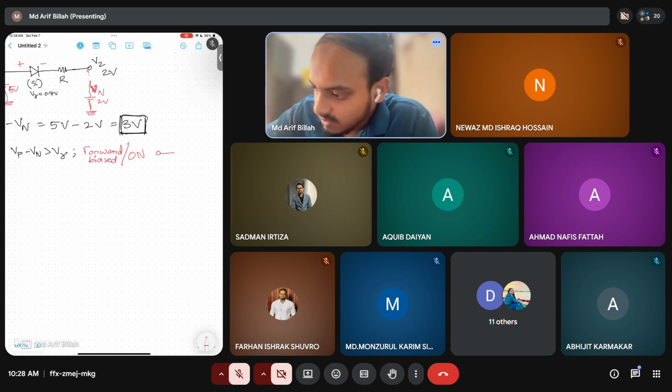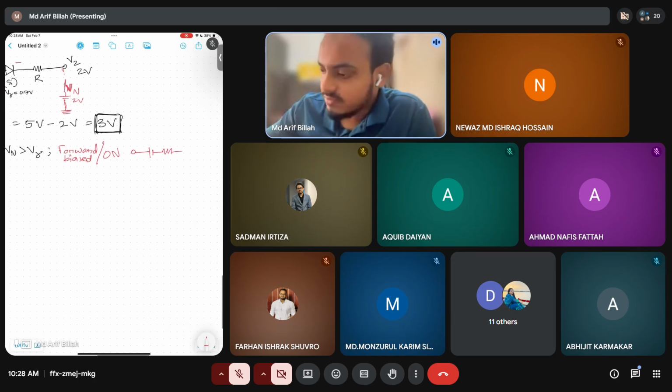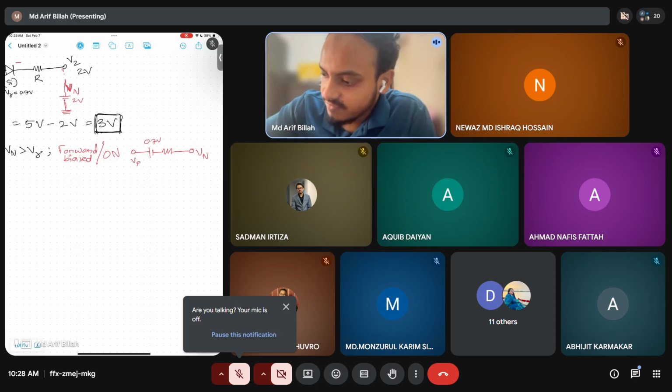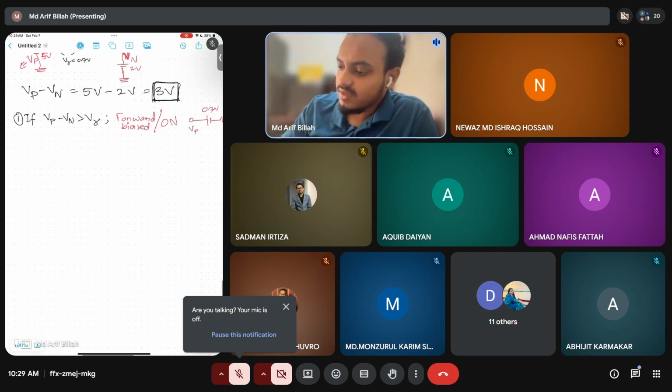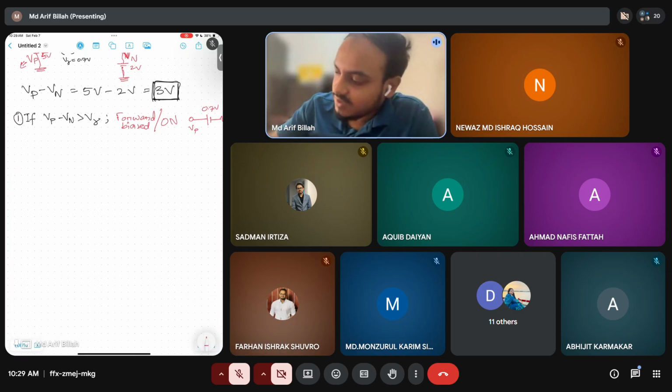Equivalent circuit would be a voltage source. Resistor তো already ছিল, right? So Vn, Vp, this is 0.7 volt, and this is the R that already was there. এটা হচ্ছে if Vp minus Vn is greater than V gamma. Now what if it's not?